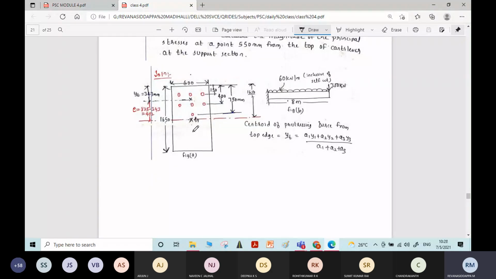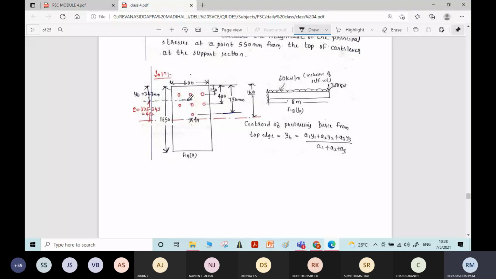What is eccentricity? Eccentricity is the distance between the centroid of the prestressing cables to that of the centroid of the whole section. For that we need to first locate the centroid of the prestressing force.